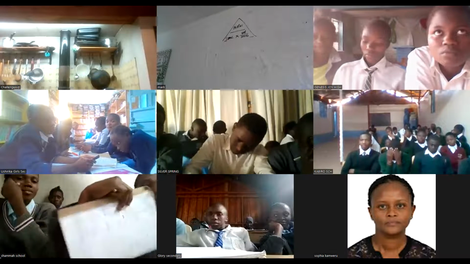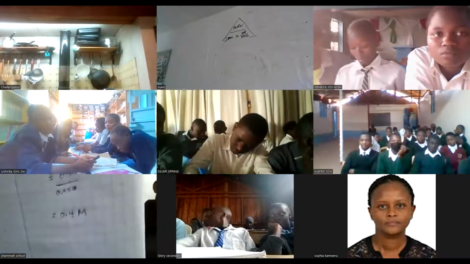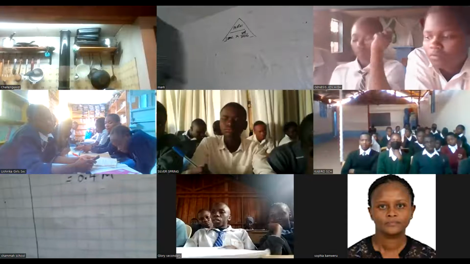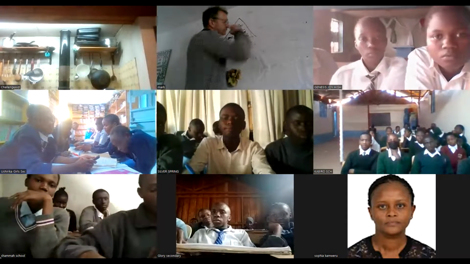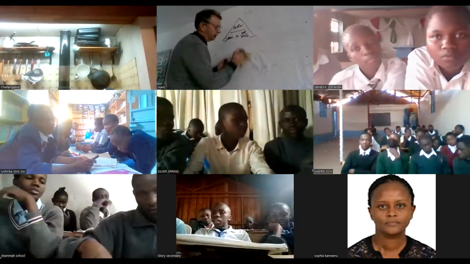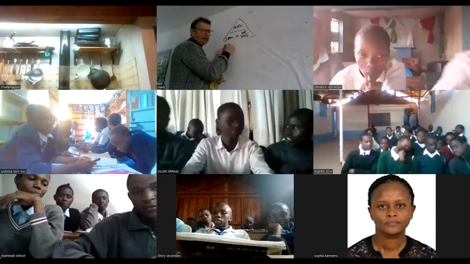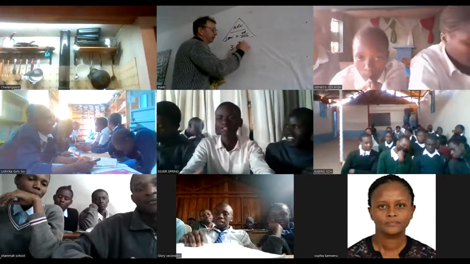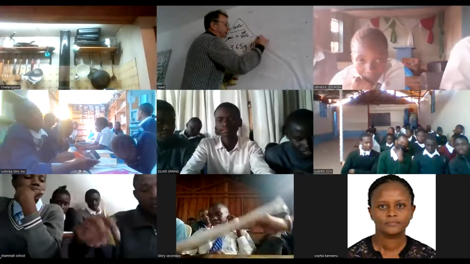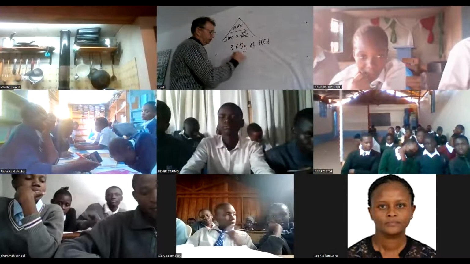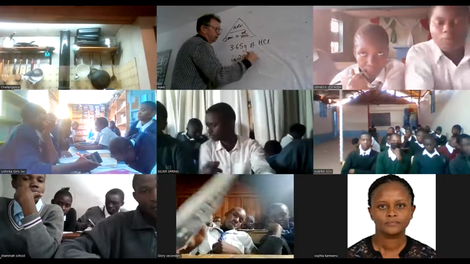Shama, show me it. Brilliant. Well done. Very, very good. There's some students at Shama who can do this easily, so I need to move on. So I think it was 3.65 grams of HCl in 250 cubic centimeters.